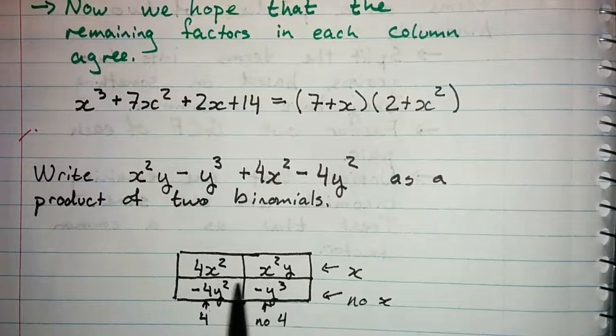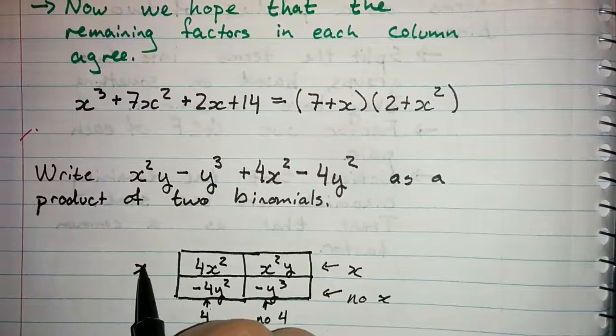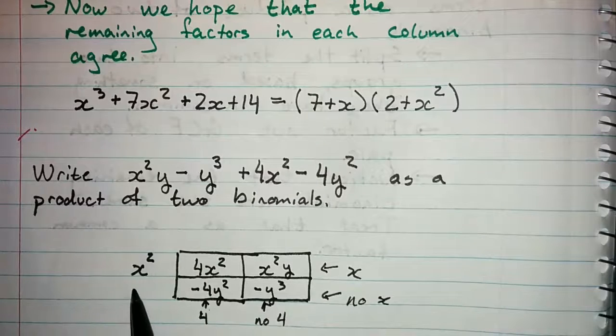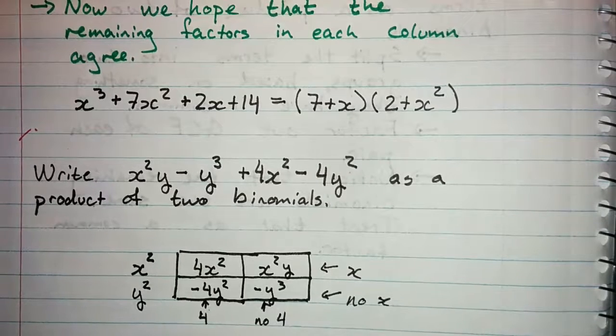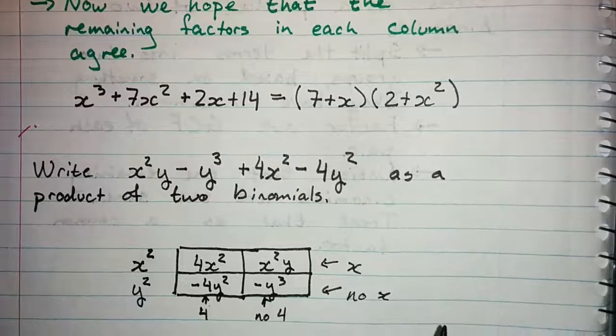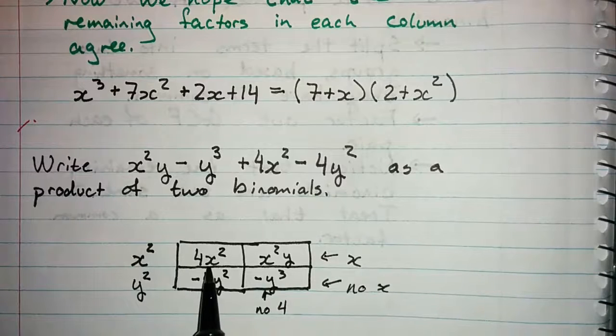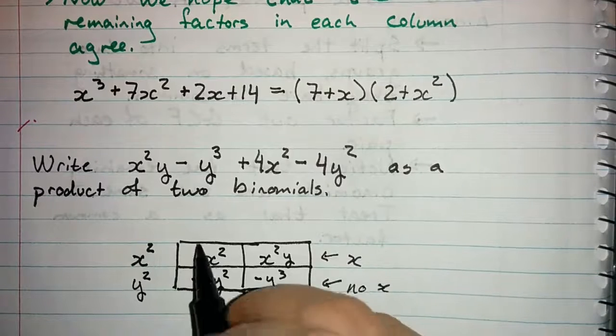Well, looking at this row, what do I see I have in common? I'll have an x squared in common. Looking at this row, what do I see I have in common? Well, I have a y squared in common. And now looking at this column, what times x squared gives me 4x squared?